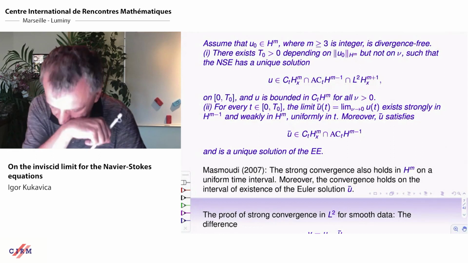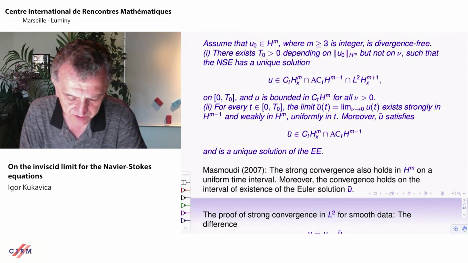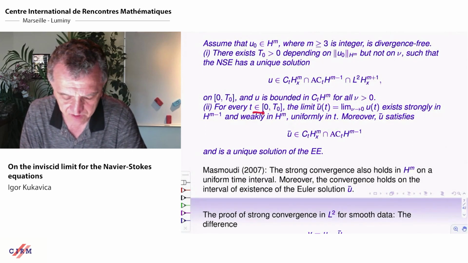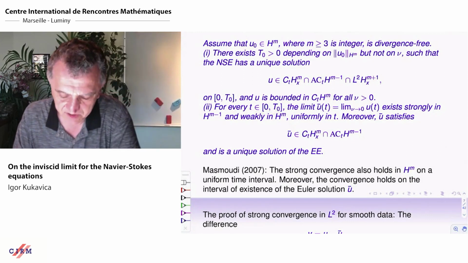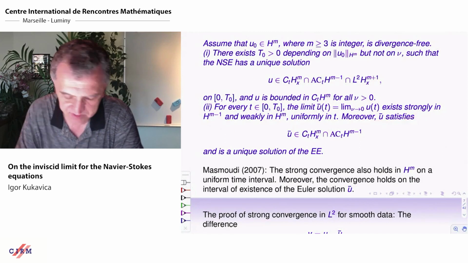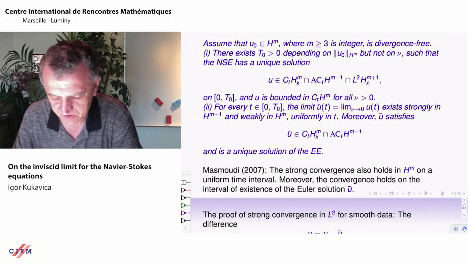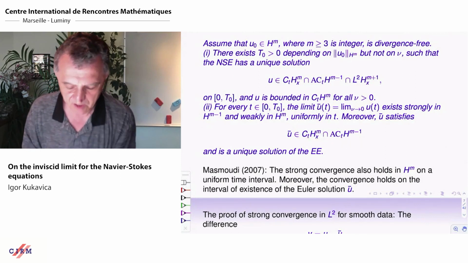Also, due to the dissipation term, it's in L2 H^(m+1). Moreover, for every time in this range, the limit exists strongly in H^(m-1) and weakly in H^m, uniformly in t. And the limit is continuous in H^m, absolutely continuous in H^(m-1), and is the unique solution to the Euler equations.